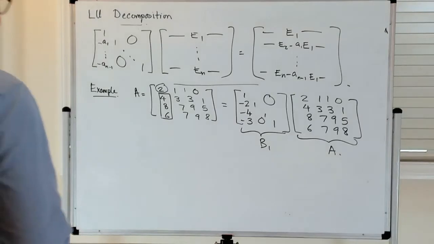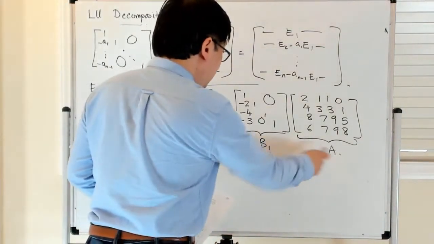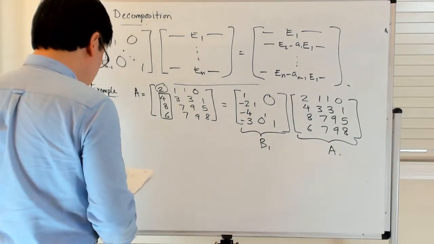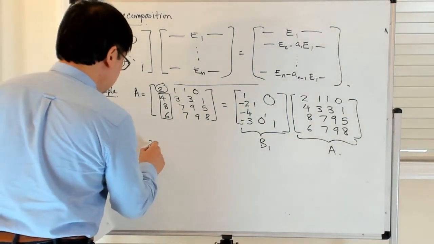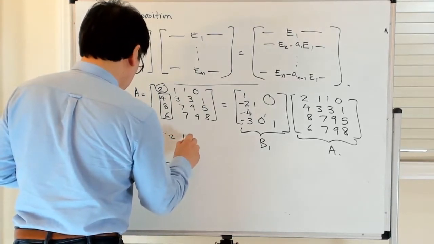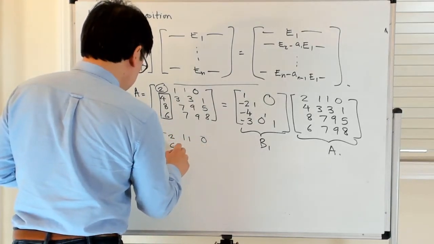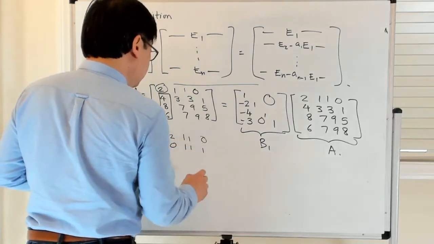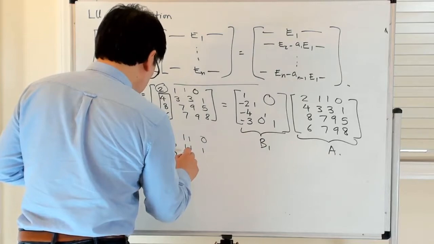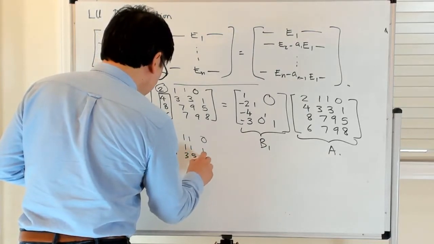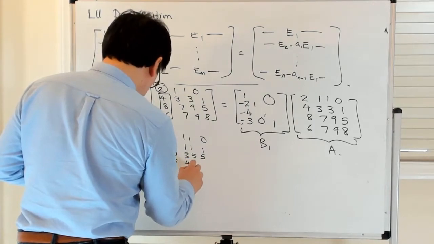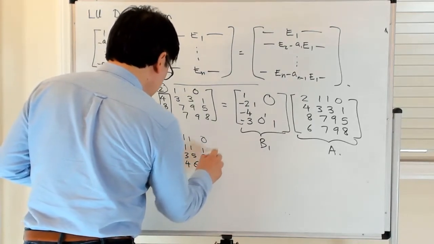Okay, so now you can multiply B1 by A, and that is going to give you the following matrix: 2, 1, 1, 0, 0, 1, 1, 1, 0, 3, 5, 5, 0, 4, 6, 8.